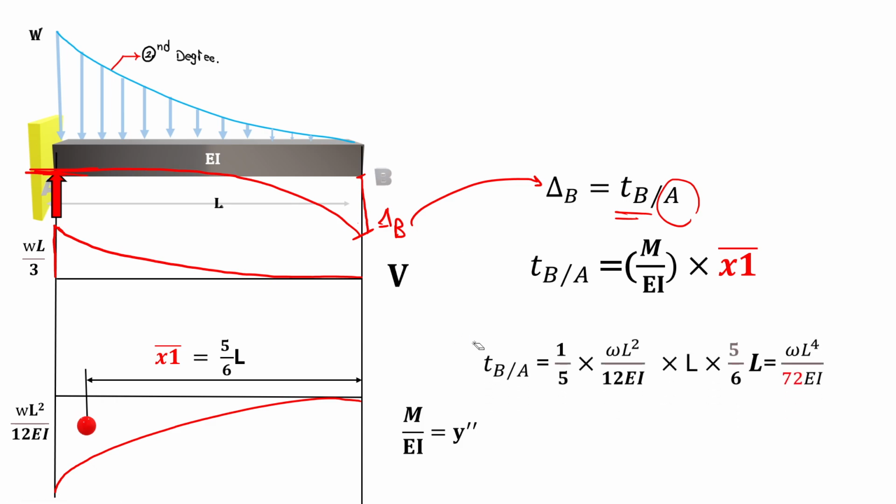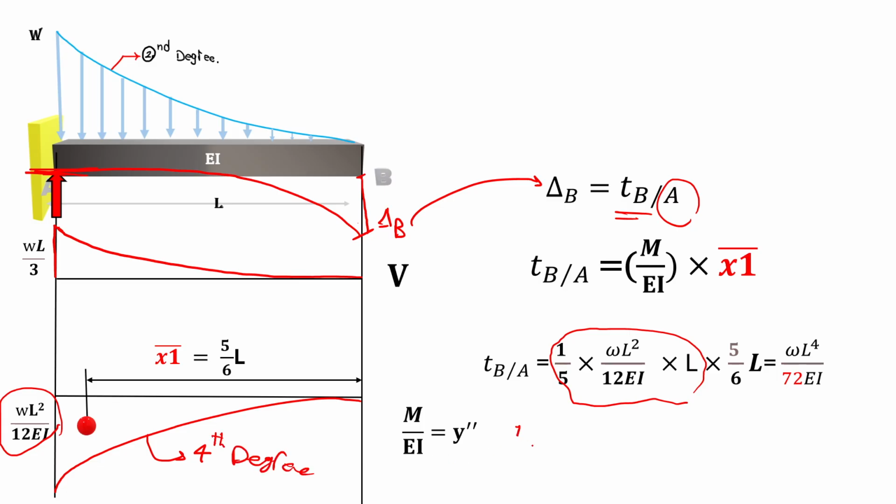So if we go with the same logic, the area is 1/5 of WL squared over 12 EI. So this is fourth degree.